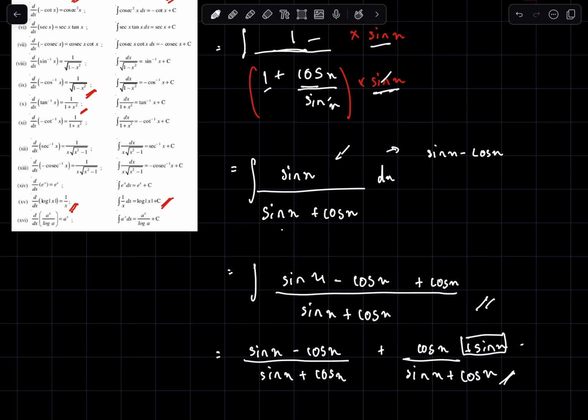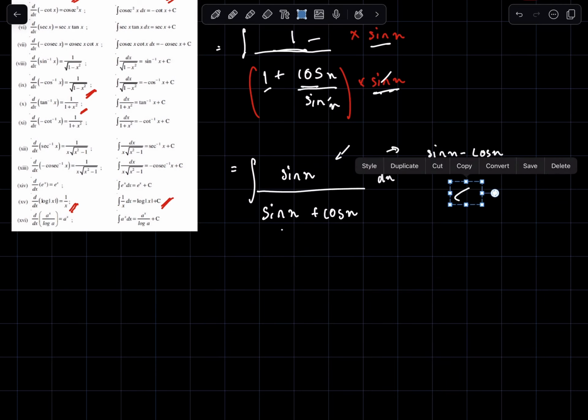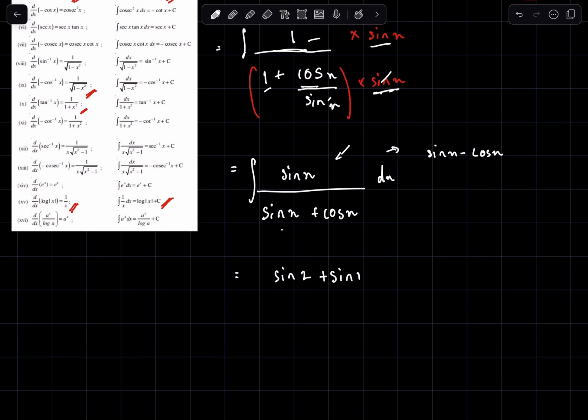But the thing is, we can't keep adding this, otherwise it'll become an infinite sum. We don't want to do that. So what we do is we go back here and we check something. This is very important. We add sine x in the beginning itself, but this time you do sine x plus sine x, which results in 2 sine x, right?